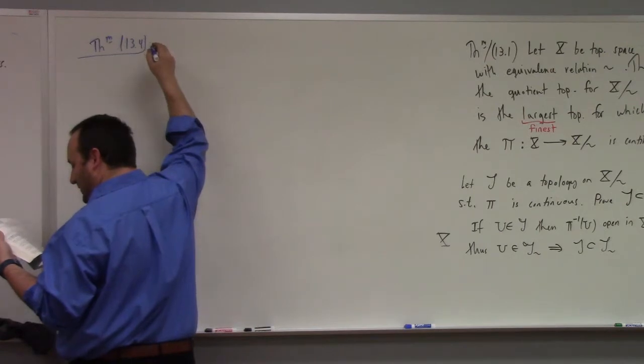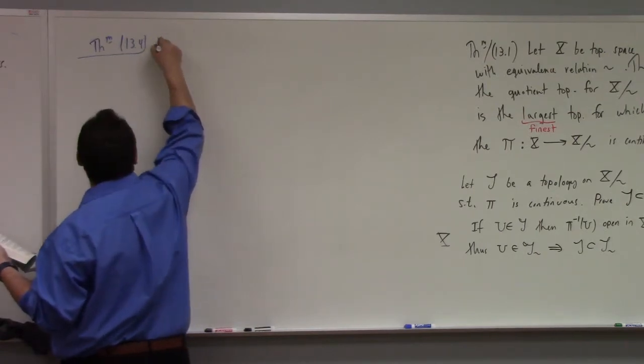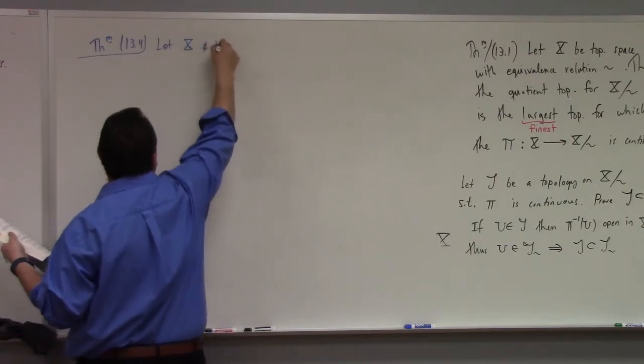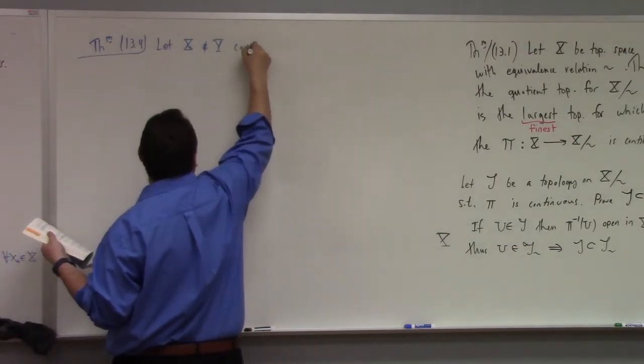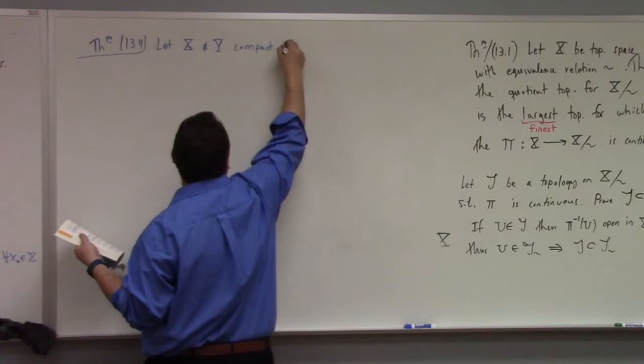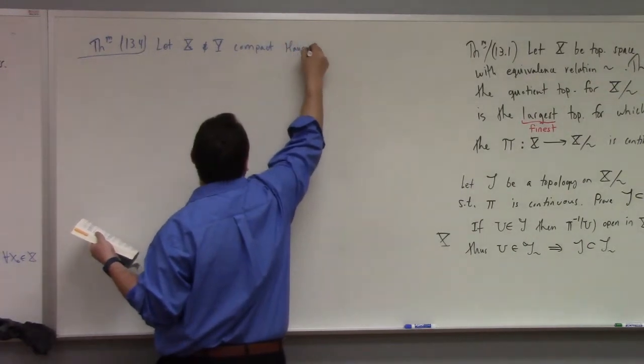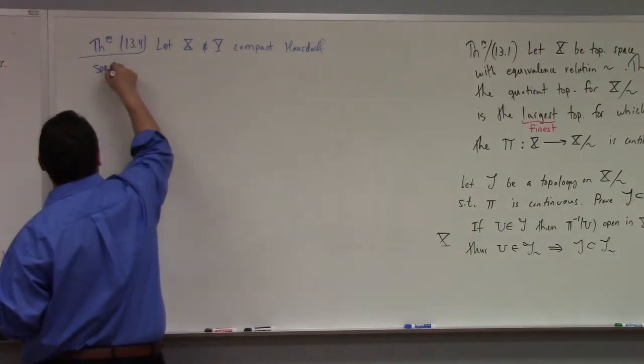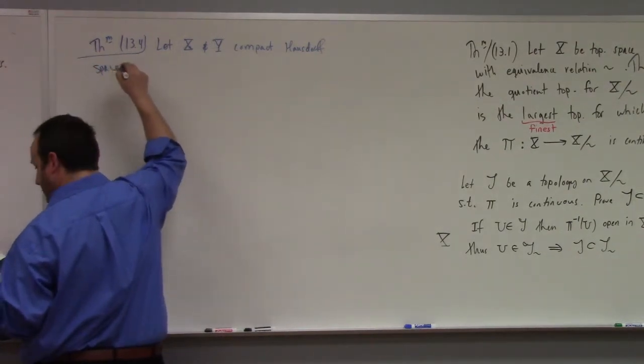Let's see here. Let X and Y be compact Hausdorff. Whoa, whoa, whoa. X and Y compact Hausdorff. Both compact and Hausdorff. Compact Hausdorff spaces. All right.